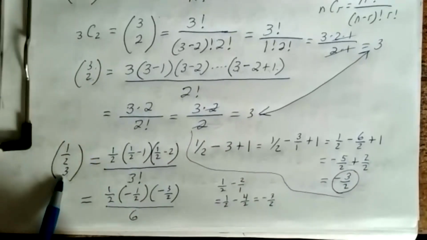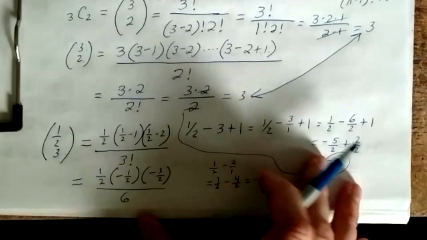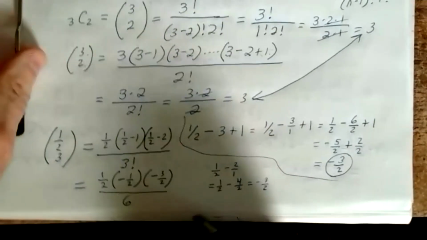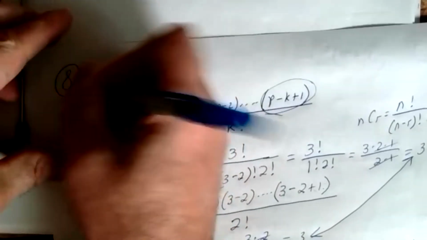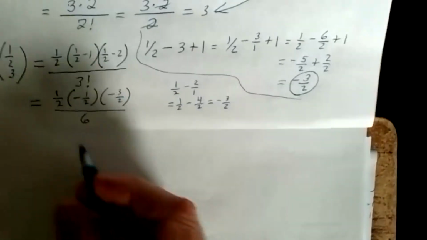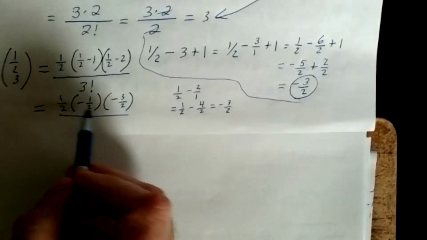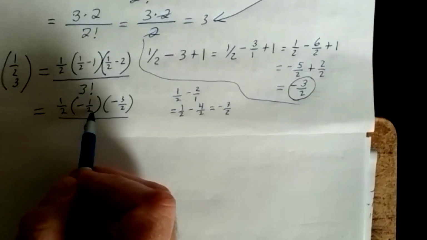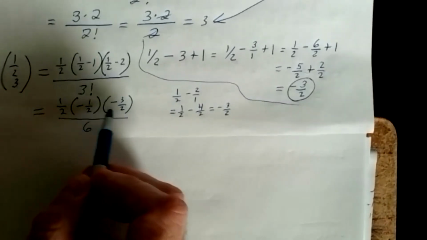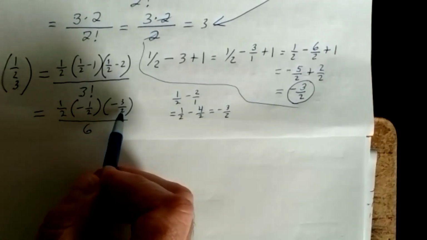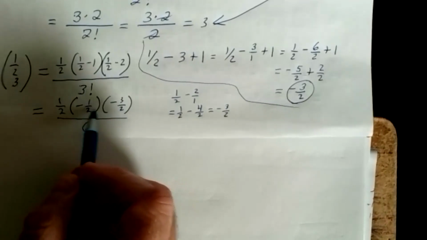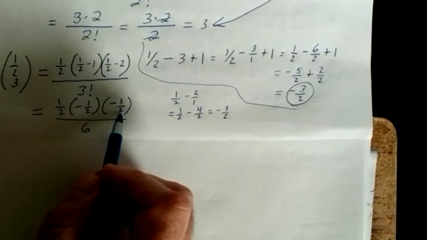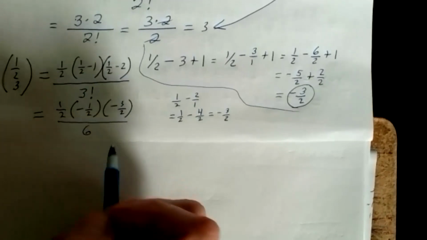What's 1/2 times negative 1/2? That's negative 1/4. And negative 1/4 multiplied by negative 3/2 is positive, 3/8.